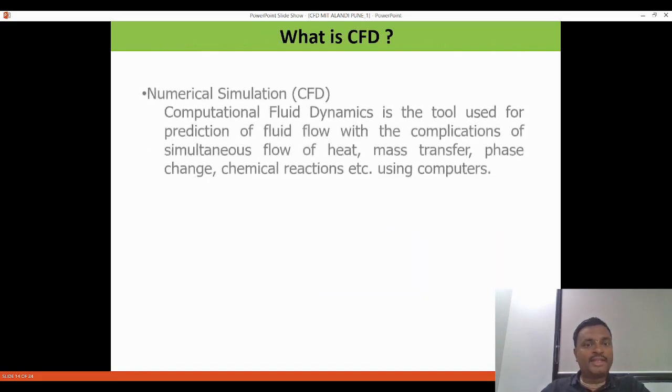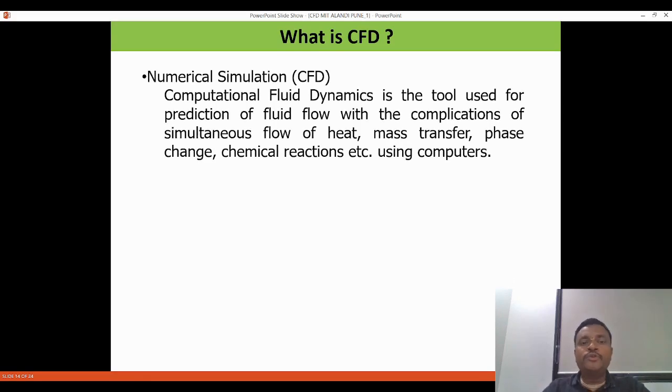So what exactly is CFD? CFD is the tool used for interpreting or forecasting fluid flow results in complications of simultaneous flow of heat, mass transfer, phase change, chemical reaction, basically the transport phenomena, where there is a transfer of mass, energy and momentum, using computers.